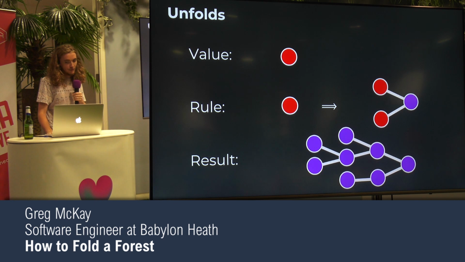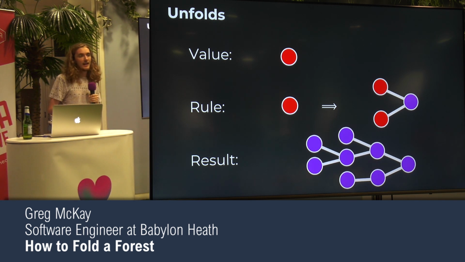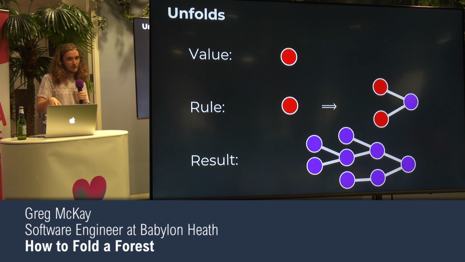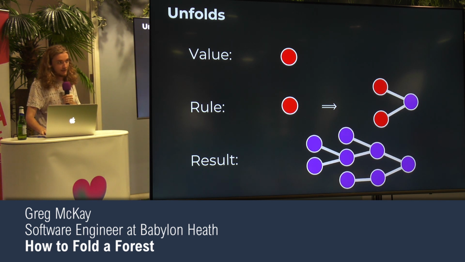And for an unfold on a tree, you take a single value and do the opposite thing, right? You build a node and you put two children, which you can then repeatedly unfold into an entire tree.